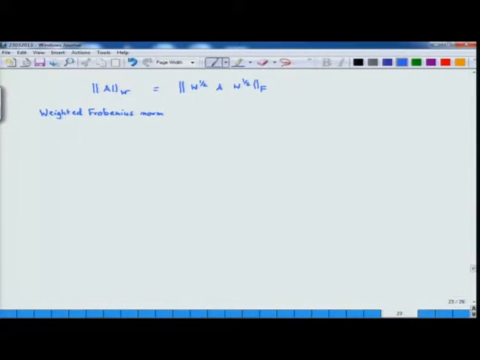I would like to remind you why we use this symbol W to the power half. So, what is that? Square root of a matrix? Precisely. These matrices are usually positive semi-definite matrices.